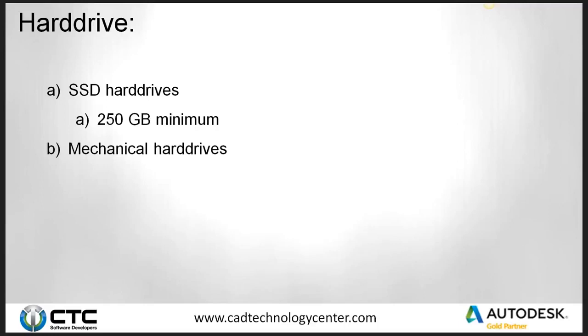Maybe you don't need a 750 gig solid state hard drive, but I would at least recommend a 250 gig minimum and have that be your C drive. Because your drawings are being stored on the network, if you're storing all your files and documents on a network drive, then the 250 gig solid state is going to suit your needs, because you only need it for the software to be installed on.